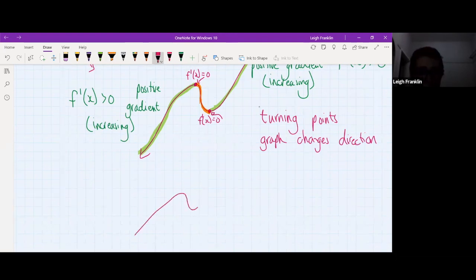All right, so I'm going to draw something like this. It's not a huge amount better, but it'll do.